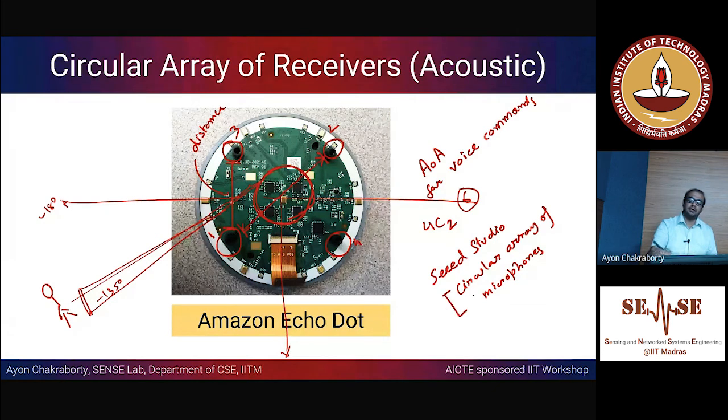You can connect them to some microcontroller or like a Raspberry Pi kind, not a microcontroller. Maybe you will need much more processing power. So you have to connect it to, let's say, a Raspberry Pi sort of device, and then you have access to all these individual signals from each one of these microphones, which you can use to find out the angle of arrival. So that is a nice exercise you can do, right? These kinds of codes are all open source.